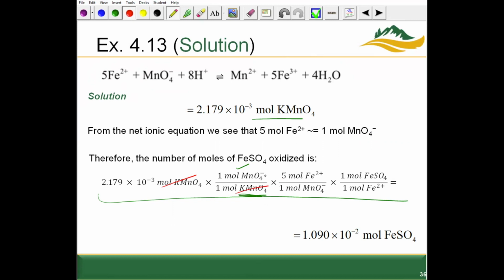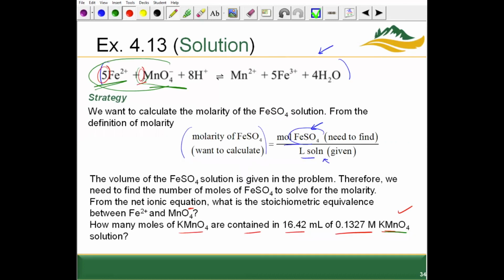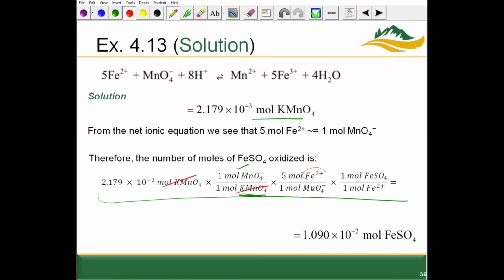Now to connect permanganate to Fe2+. For every 1 mole of permanganate, there are 5 moles of Fe2+, so we put moles of permanganate in the denominator. Now this cancels out. So far in units, we're left with moles of Fe2+. Then to connect Fe2+ to iron(II) sulfate, it's also a 1-to-1 mole ratio.